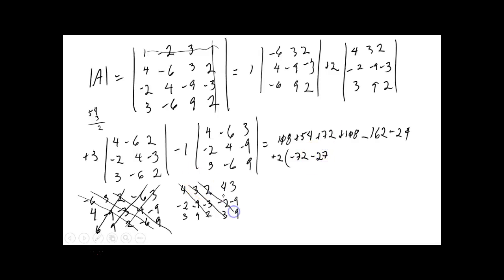Next down diagonal is also a minus, and that's going to be 4 times 9 is 36. Okay, our up diagonals, that's going to be a plus because it's minus going up, but you have one minus sign, so that's going to be a plus 54.